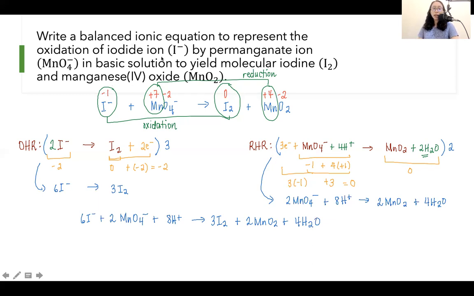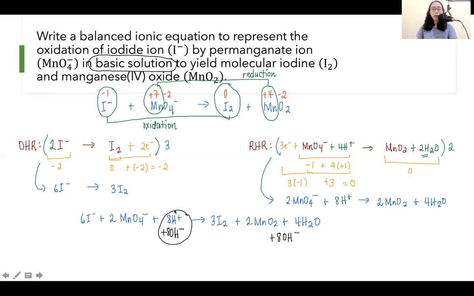Now, don't forget, the redox reaction is taking place in basic solution. But we started by using hydrogen ions. So now we will consider that the reaction is taking place in basic solution. To do this, we need to add the same number of hydroxide ions to the reactant side and to the product side. If a hydrogen ion and a hydroxide ion combine, they form a water molecule.